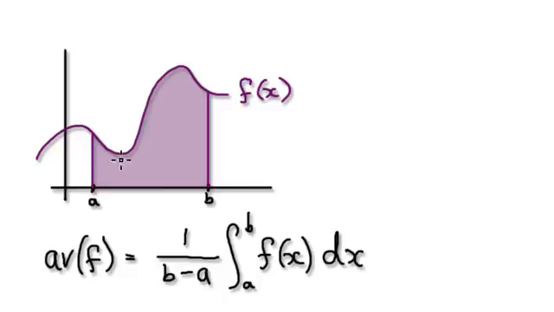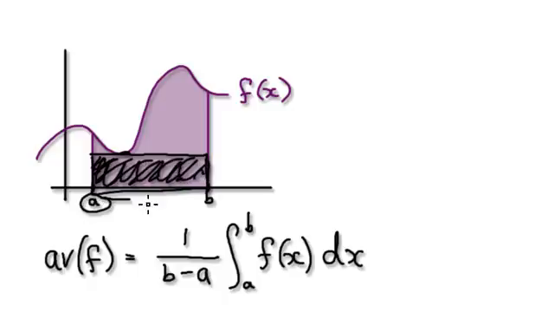Or let's look at this rectangle here. If you get the whole area of the rectangle and divide it by the width, it will give you this small height here.